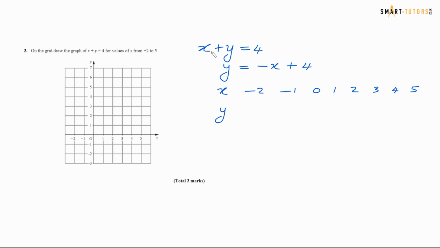When I plug -2 into the equation, I can show one example: minus times -2 plus 4. Minus times minus is plus, so 2 plus 4, which is 6. And when I put -1, minus times minus is plus 1, plus 4 is 5.